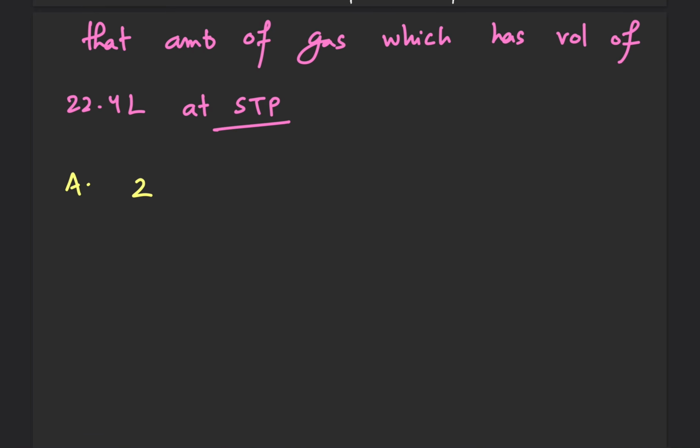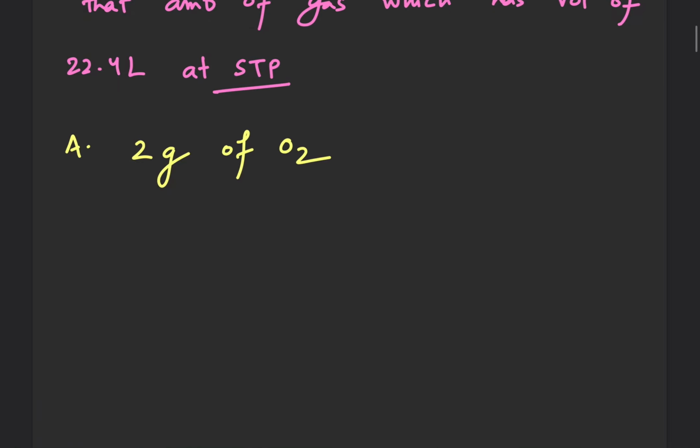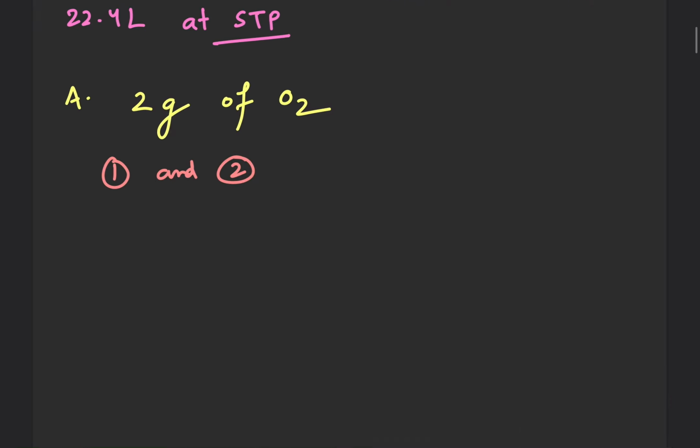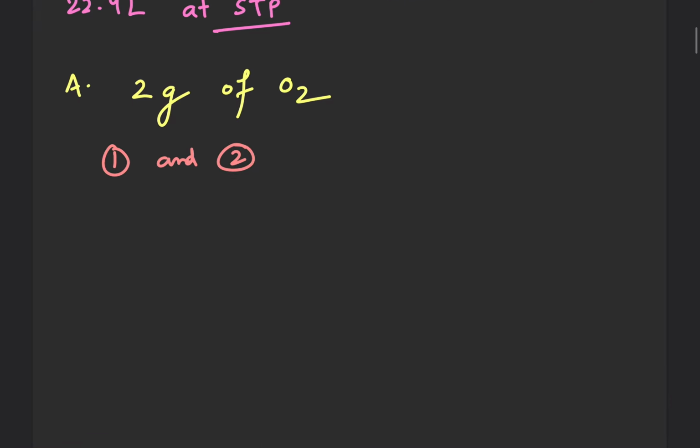In A, we have to find the number of atoms in 2 gram of O2. Using definitions 1 and 2, the molecular mass of O2 is 32 u, 16 plus 16.